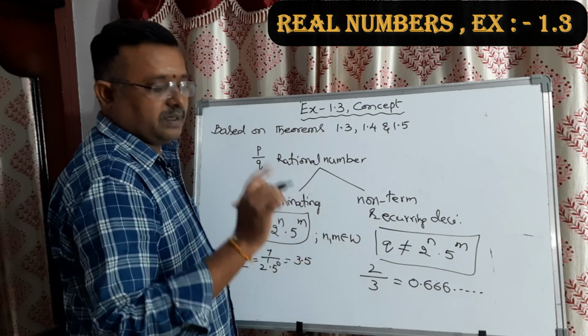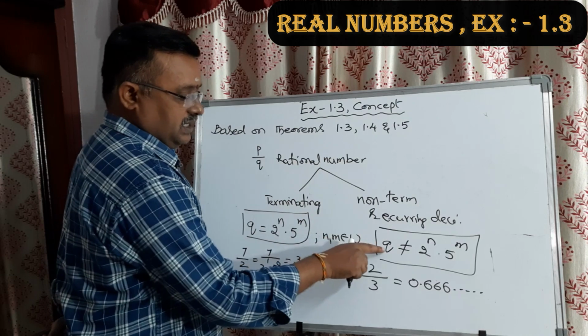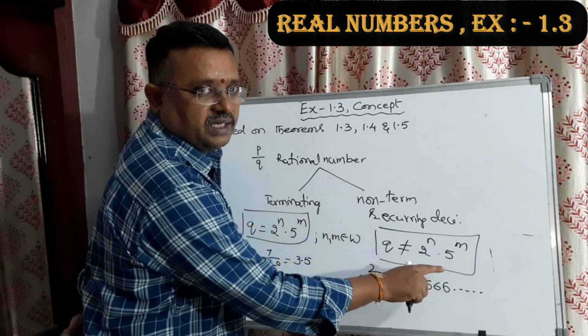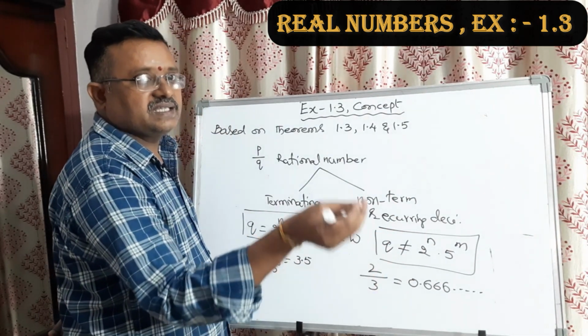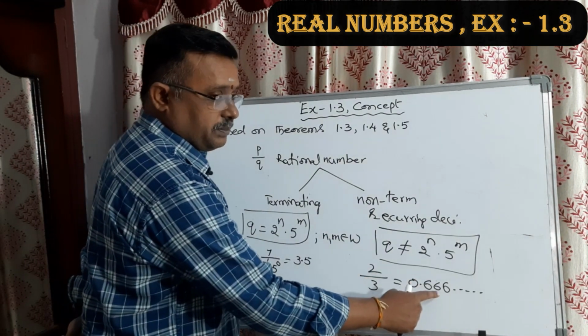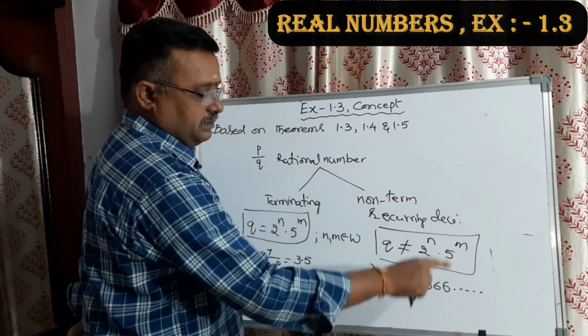So once again I am explaining, in the p by q form of a rational number, if the denominator q is not in the form of 2 power n into 5 power m, and it is taking some other prime numbers, automatically its decimal representation will become a non-terminating recurring decimal.